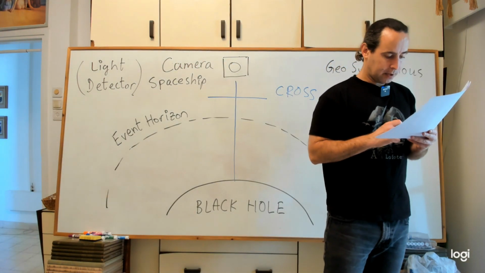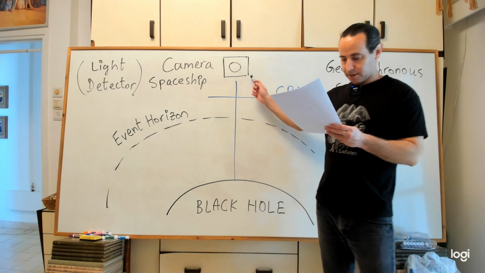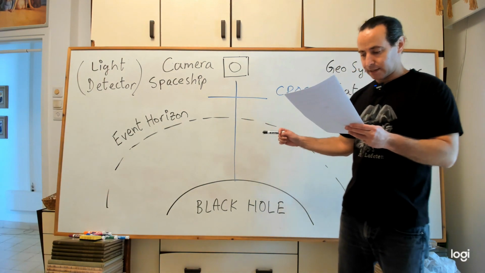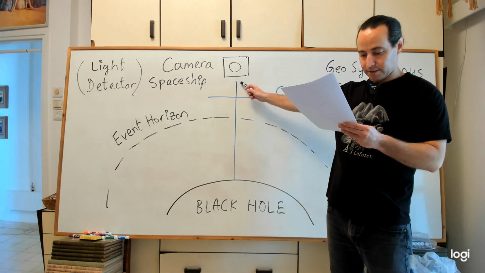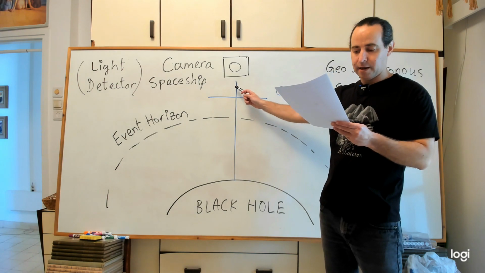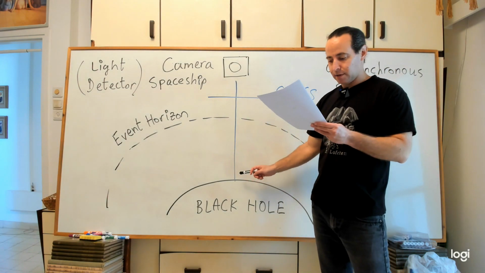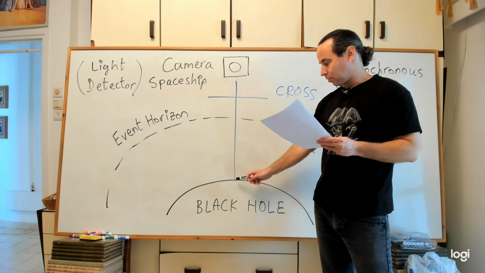We have the long vertical axis, which on one side, the head, will be the light detector, which is our camera, and on the bottom side, the heart, will be the ground of the black hole.